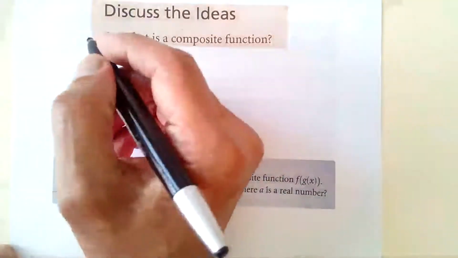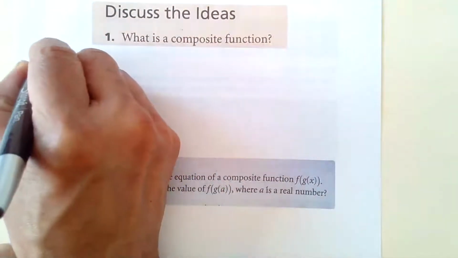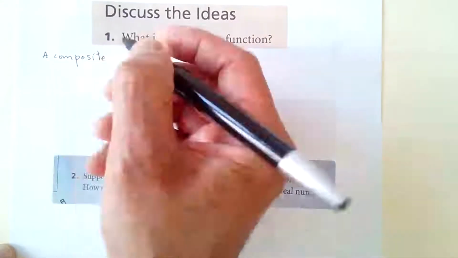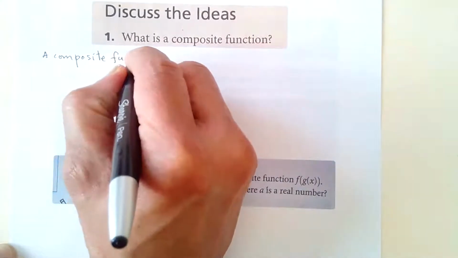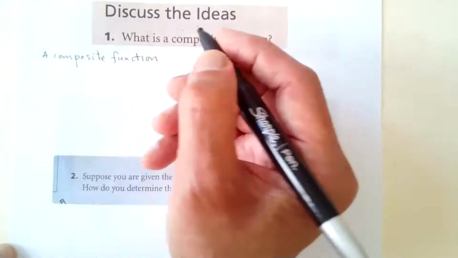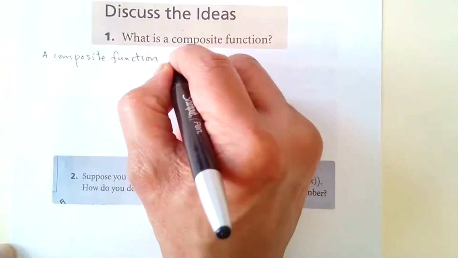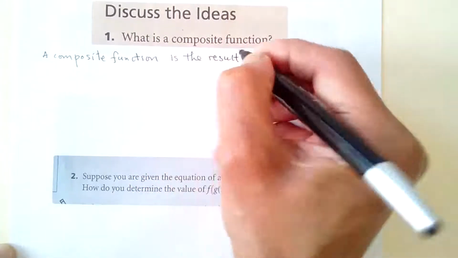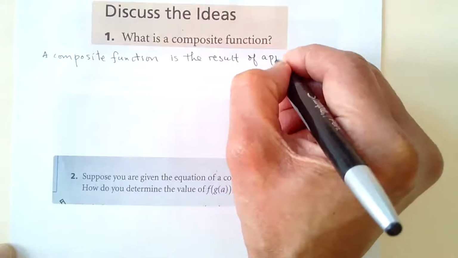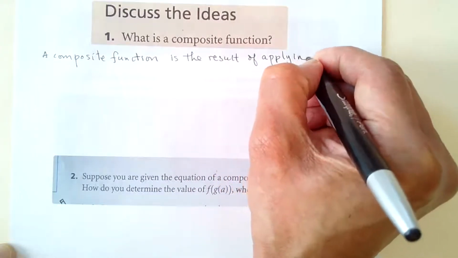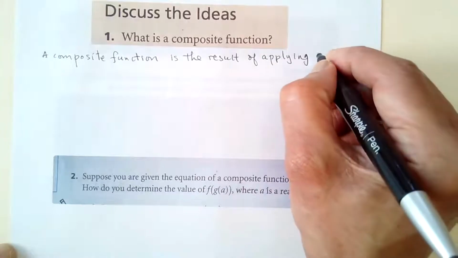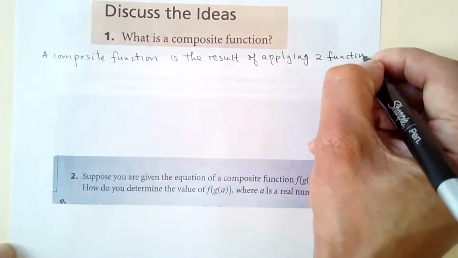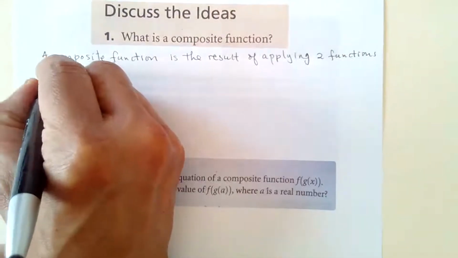So let's put this into words. A composite function is the result of applying two functions in succession.